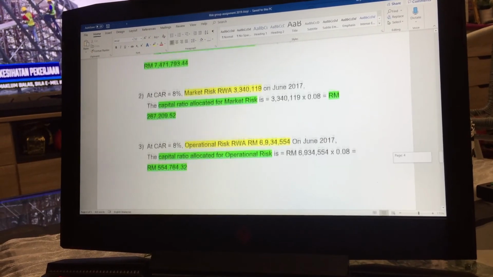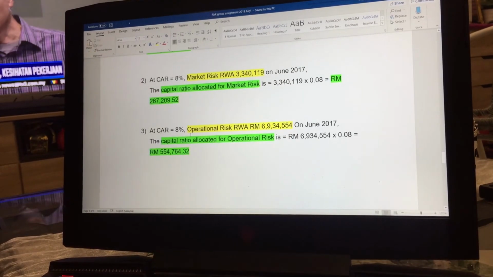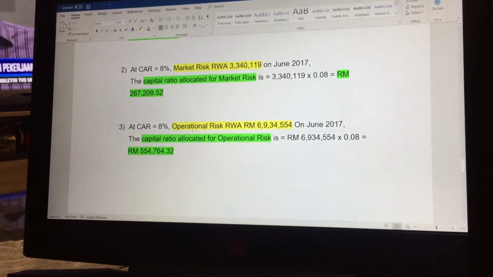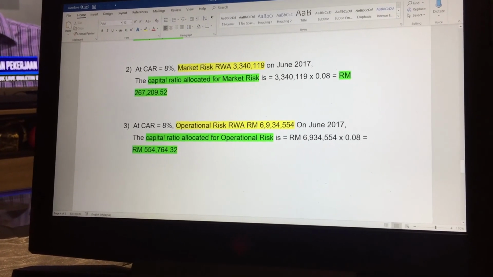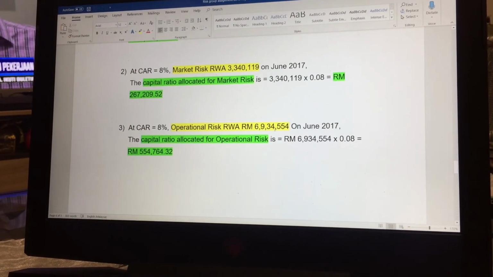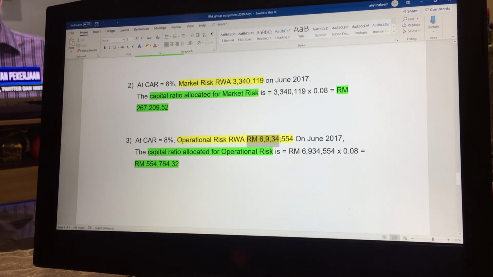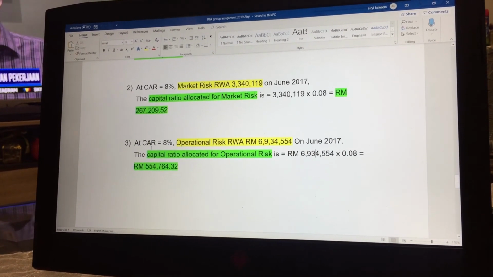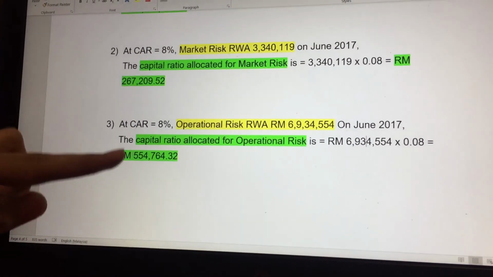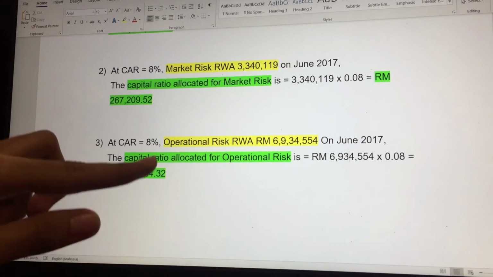The last one is operational risk. How to calculate the capital allocated for operational risk? Same as the previous, we take the operational risk RWA, which is RM6,934,554 as of June 2017, and we multiply the figure by the CAR of 8%, 0.08, and we got the capital allocated for operational risk, which is RM554,764.32.